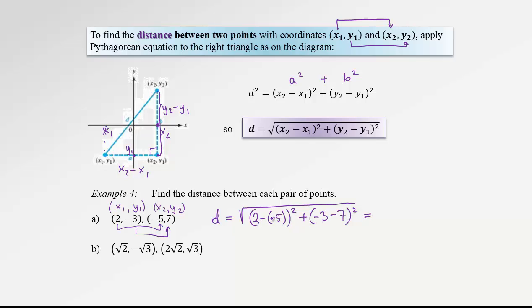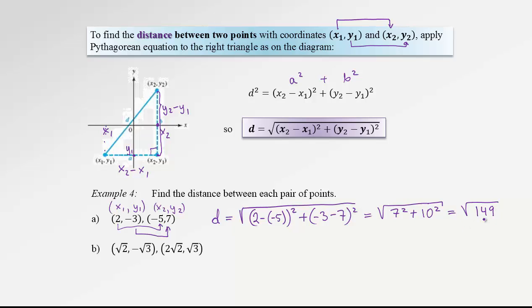So 2 minus -5 is like 2 plus 5, so it's really 7 square. Plus, if we have -3 and -7, it's like -10. But since we are squaring it, the negative doesn't matter, because when we square a negative, it becomes positive. So instead of writing -10, we can write 10 as well. 10 square.